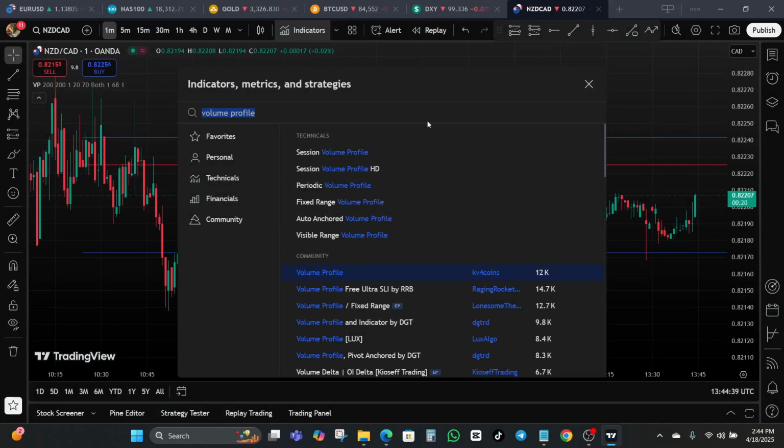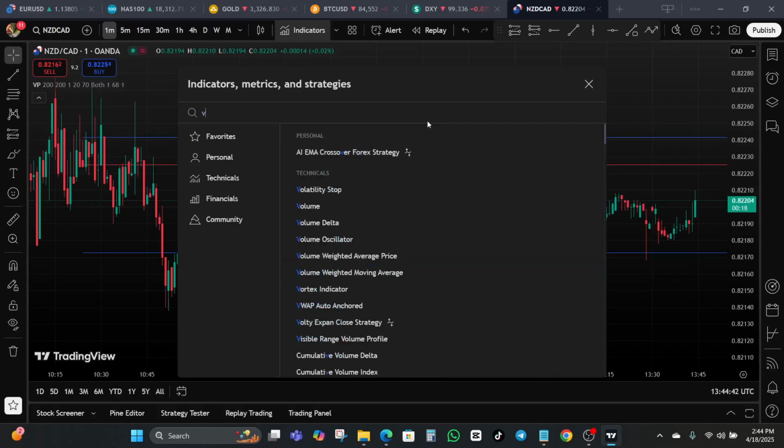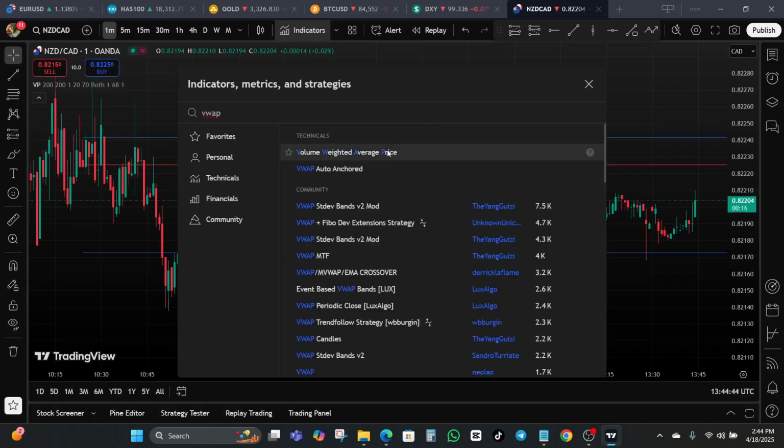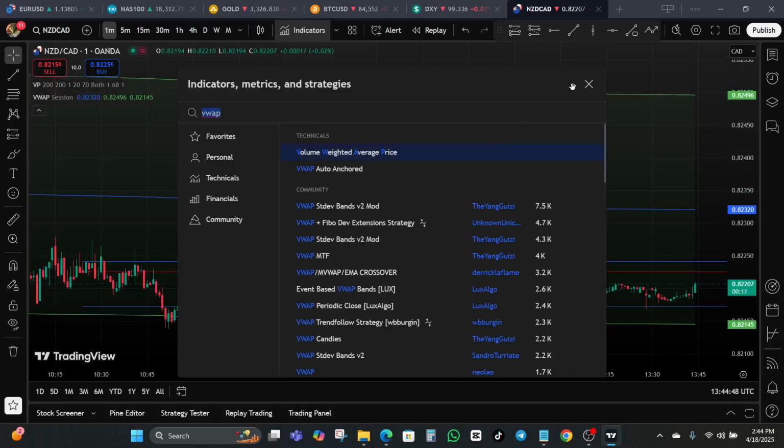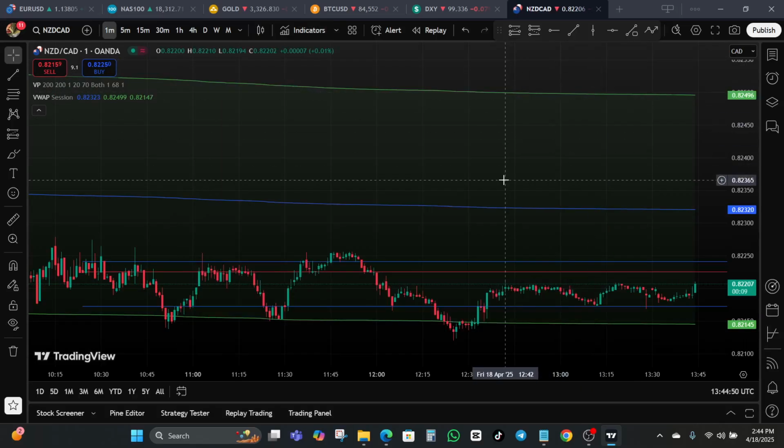Okay, so I've added the volume profile. Now I'm going to be adding the VWAP, that's the volume weighted average price. Right, so we have both indicators added to the chart right now.